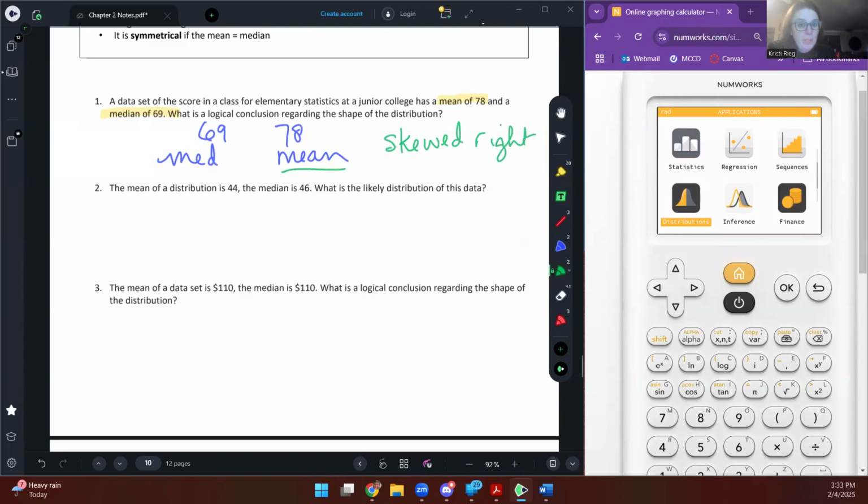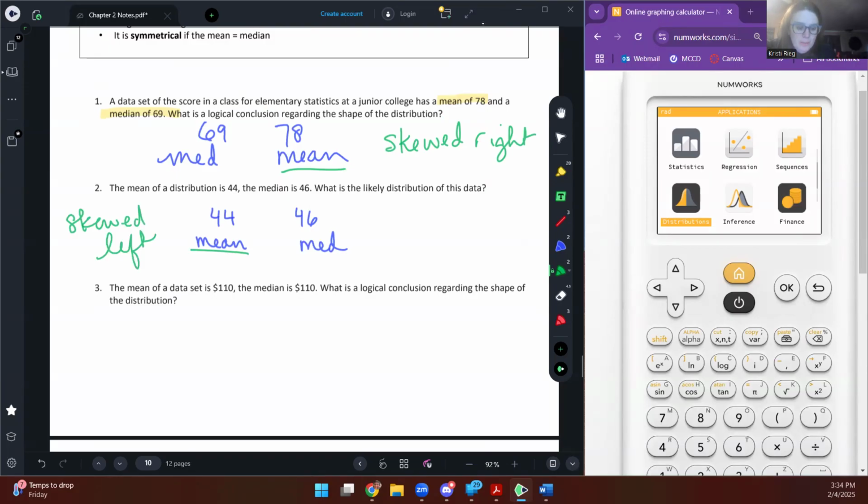You're just looking for where the mean is on the number line. This next one, we have a 44 and a 46. 44 is smaller, so it's on the left. It says 44 is the mean and 46 is the median. Since the mean is on the left, this one is skewed left.